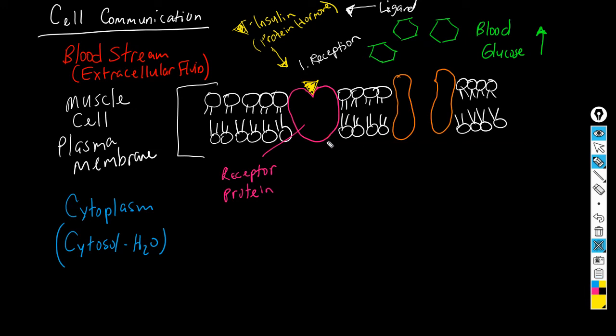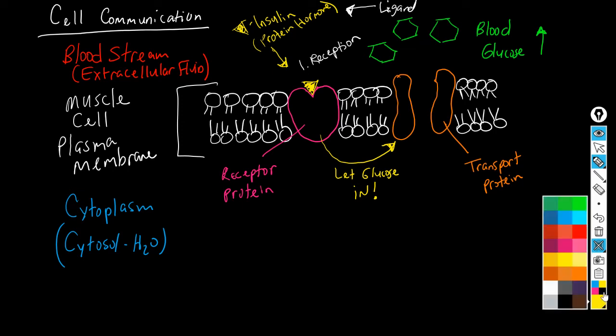But what this does is this results in a message being passed from the receptor to these things that we'll call transport proteins. And what that message says is, hey, our blood glucose is super high.